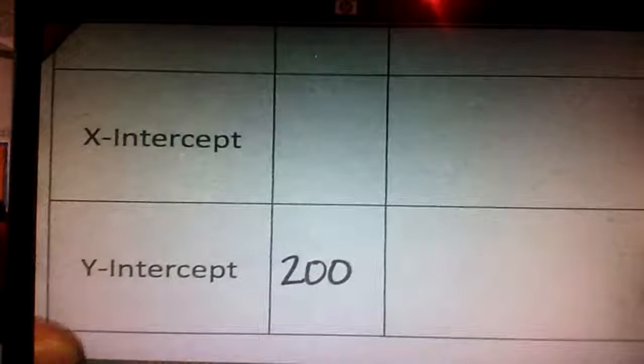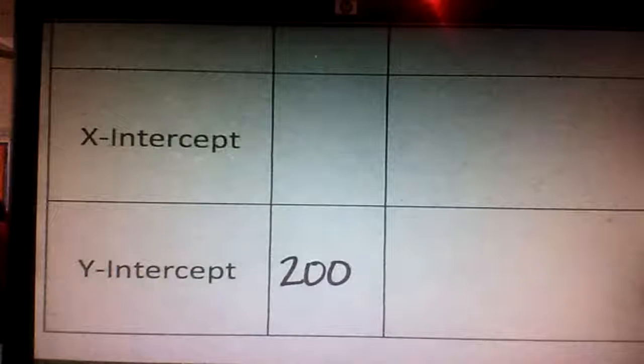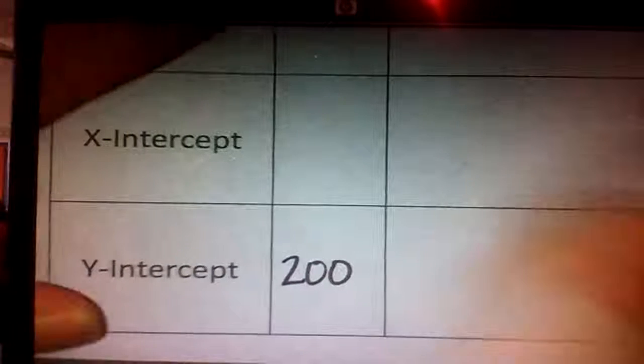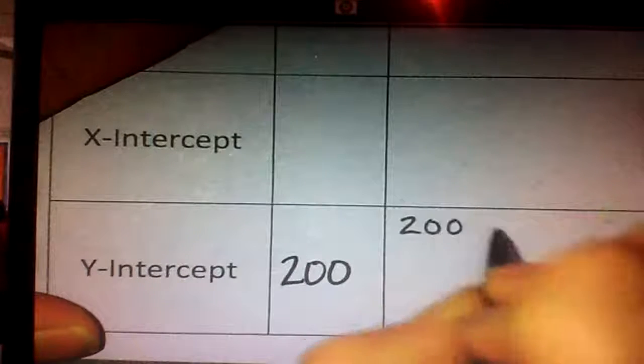So what does that represent? 200 what? Fuel in what? Gallons. So before you drive anywhere, you have 200 gallons in your tank. So you have 200 gallons at the beginning of your trip.